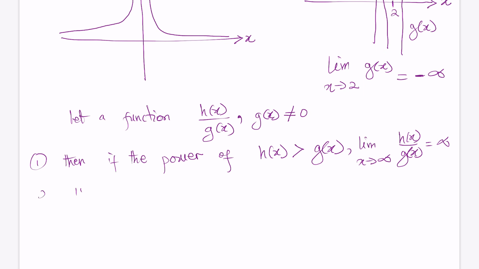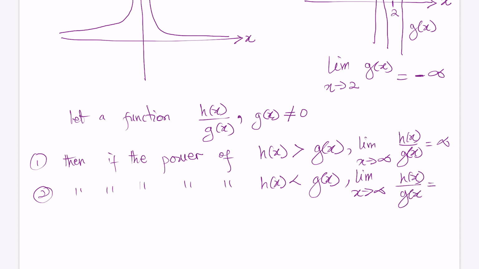Now let's imagine 2, that the power of h of x is less than that of g of x. Then the limit as x approaches infinity of h of x divided by g of x will be equal to 0. And the third point, imagine the powers are the same.